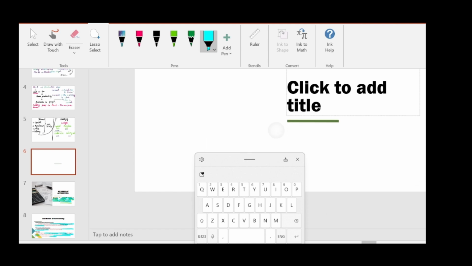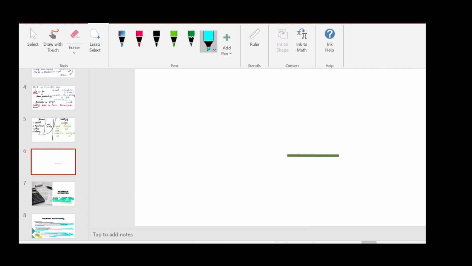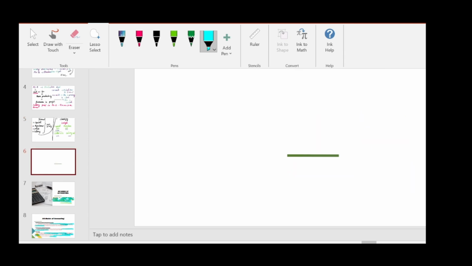Even after classifying, I cannot find out the profit or loss of the company. So here I have to do a summary. I have to prepare a few statements.